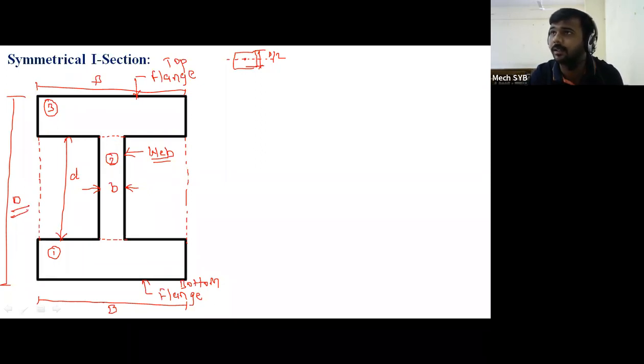Capital D. The total height of the symmetrical I section will be capital D, and the total width of the I section will be capital B. Then small b is represented for the width of the web. Web means this vertical rectangle, and त्याची width किती दाखवले तर मी small b, आणि त्याची depth किती दाखवले तर small d. So these distances are very, very important.